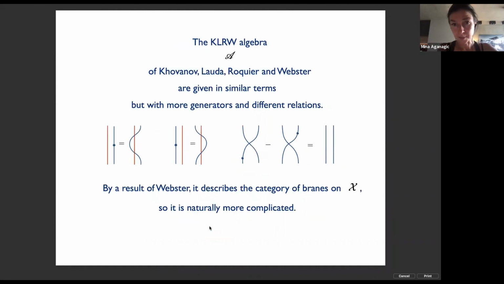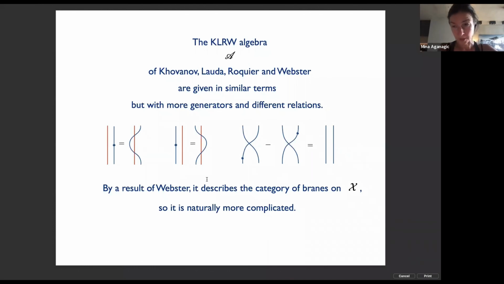The KLRW algebra of Khovanov, Lauda, Rouquier, and Webster is given in similar terms, but with more generators. The blue strands are also allowed to carry dots, with different relations. So these relations, as I've written them, hold for SU2.